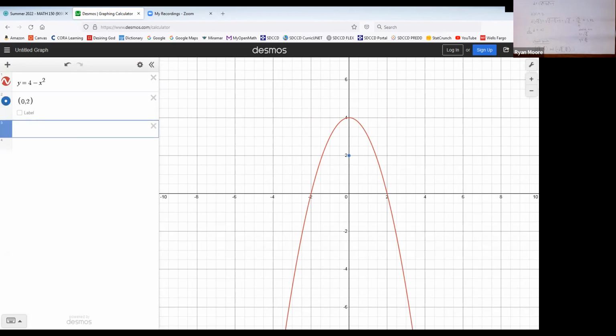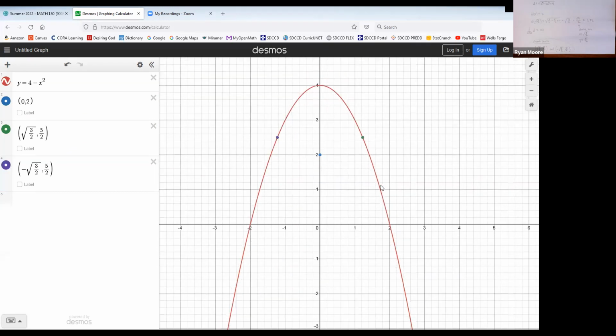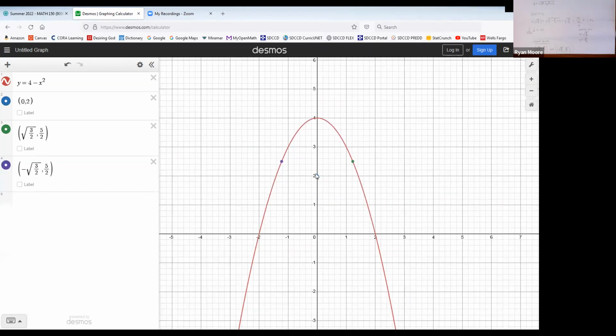So we came up with square root 3 over 2, comma 5 over 2. And the other point was at negative square root 3 over 2, comma 5 over 2. Yeah, that looks pretty good. It's hard to eyeball, right? But the point at the top is 2 away. This is definitely closer than that. Yeah, there we go. Closest points on the parabola.